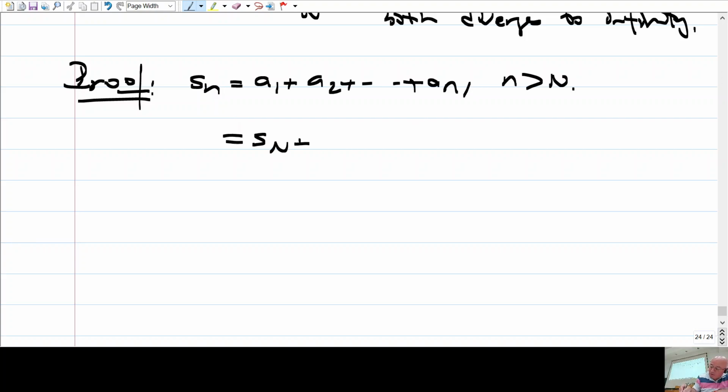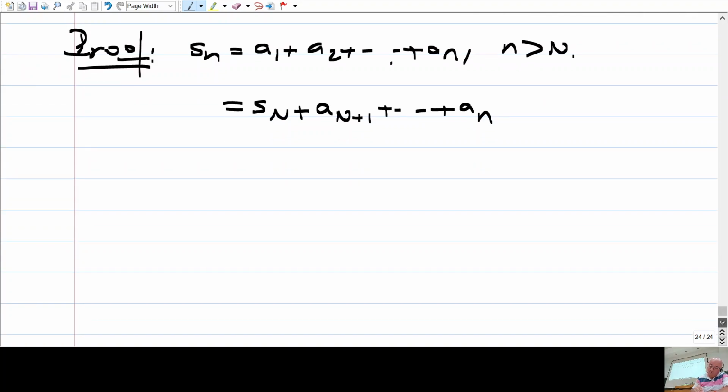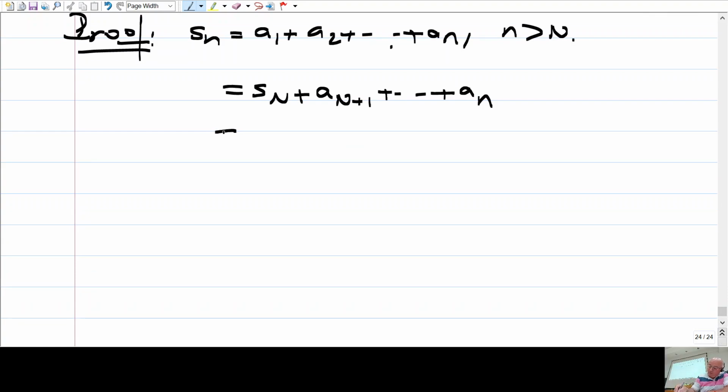This is S_N and then a_{N+1} up to a_n, because this S_N is the sum from a_1 up to a_N, and the rest is a_{N+1}, a_{N+2} up to small n, assuming that small n is bigger than big N. But you see, this is just S_N, and this is f of N+1, and so on, up to f of n, right?